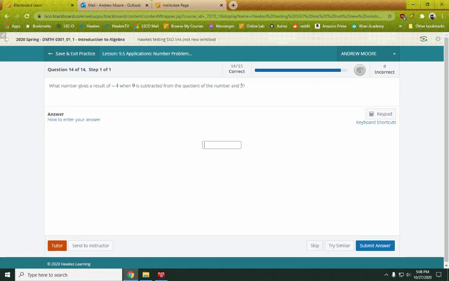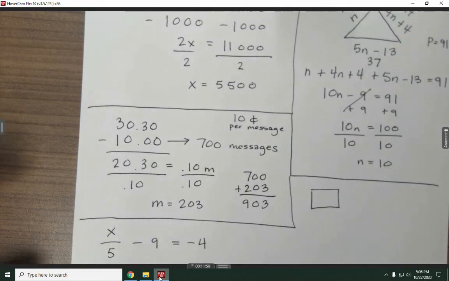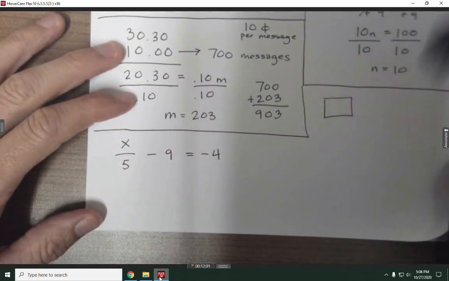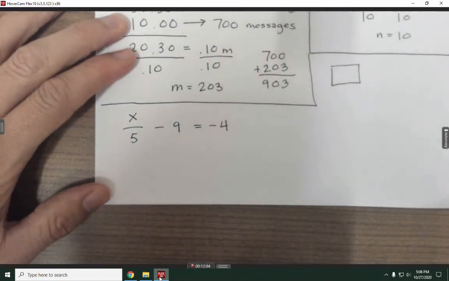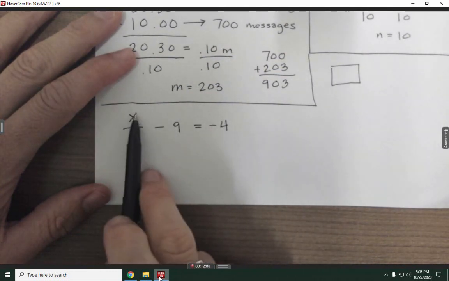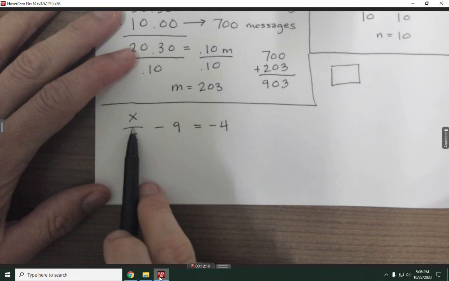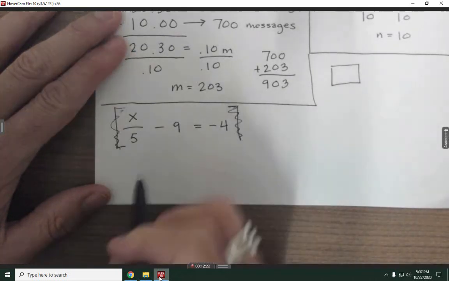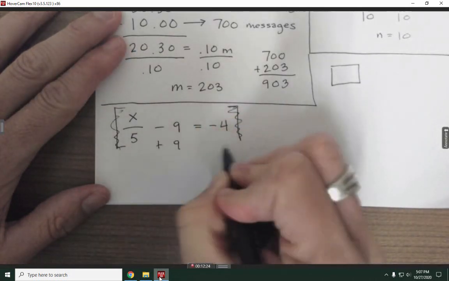What number gives a result of -4 when 9 is subtracted from the quotient of the number and 5? What number gives the result of -4 when 9 is subtracted from that number, the quotient, which means division, of that number and 5? We can actually add this 9 to both sides.